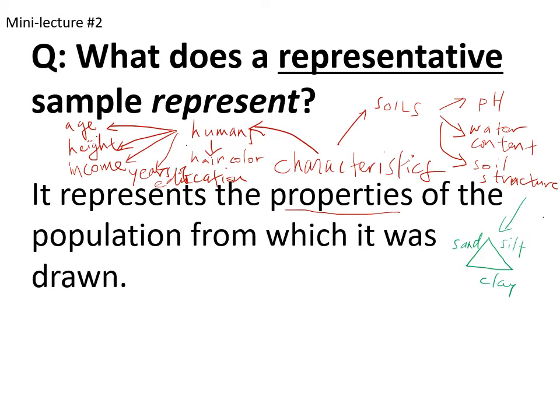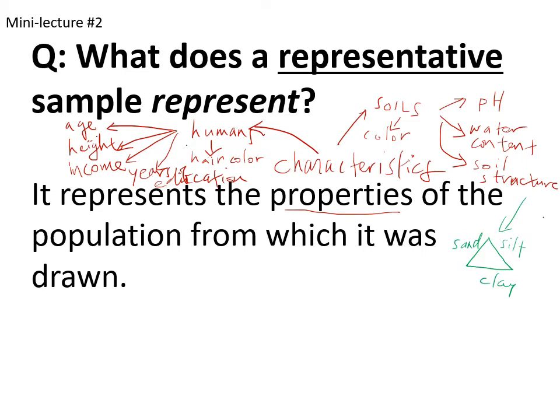So for soils, I suppose we could also have color, right? Which often will be related to the composition of sand, silt, and clay. But again, color is harder to convert into numbers. It's not impossible, but it can be trickier.